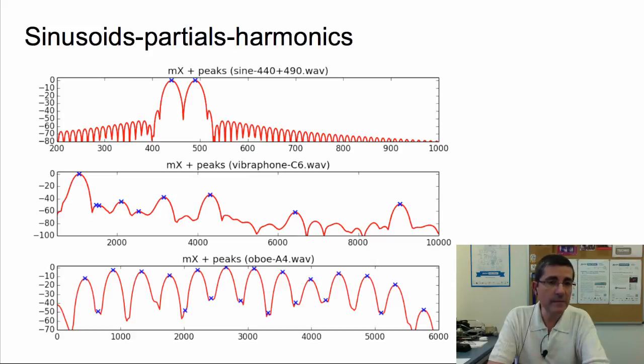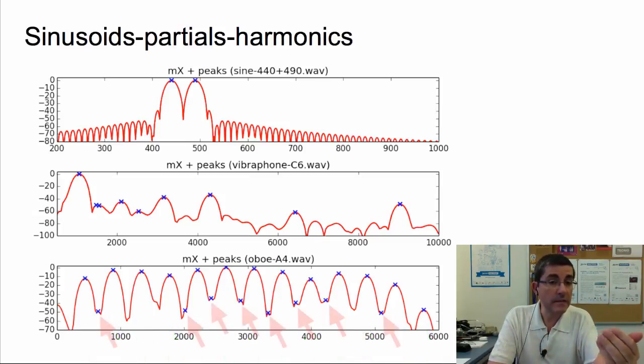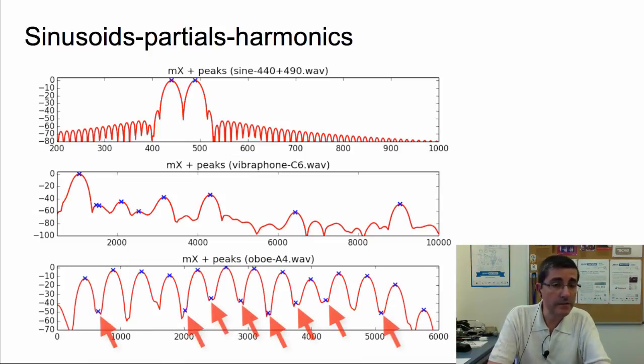In this last plot, that is the oboe sound, we see the top peaks, these crosses. These are clearly the multiples of the first peak, which is the fundamental frequency. But there are other crosses which are not harmonic. They're not multiples of this fundamental frequency. These are maybe artifacts, or maybe part of some signal that is underneath, or maybe some side lobe.